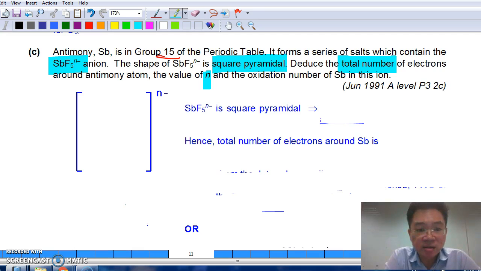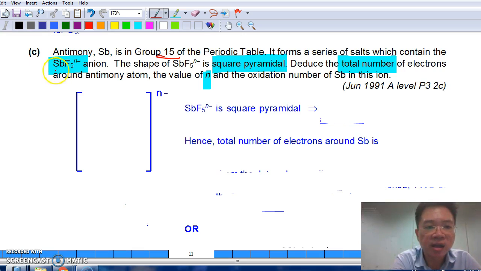How to start? Do the things that the question has provided you information with. We know that this is SbF5. That means there are 5 F surrounding Sb. And we know that Sb is in group 15, so there are 5 valence electrons.